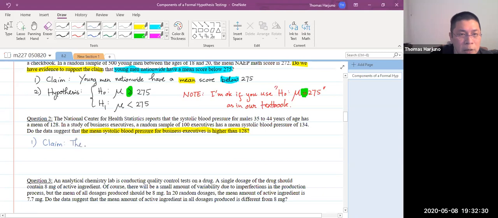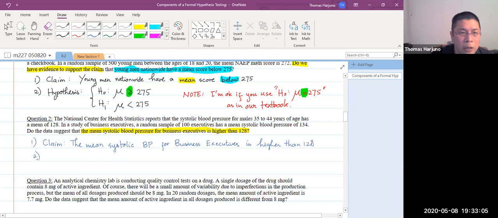The mean systolic blood pressure for business executives is higher than 128.